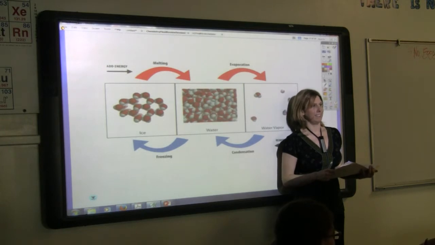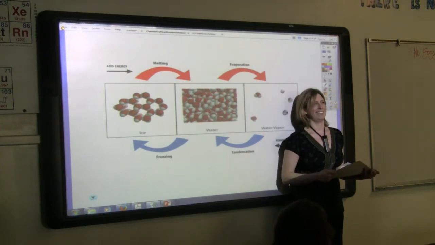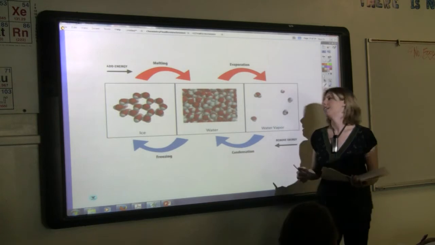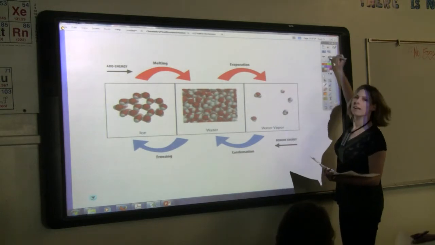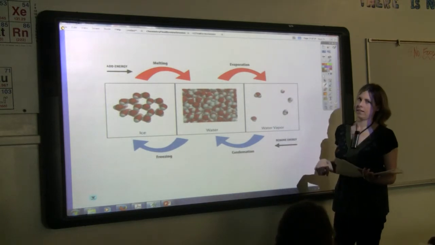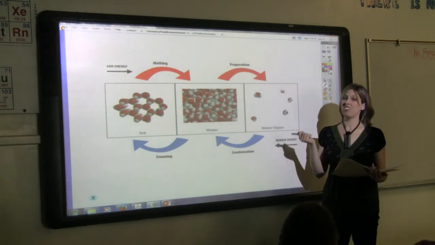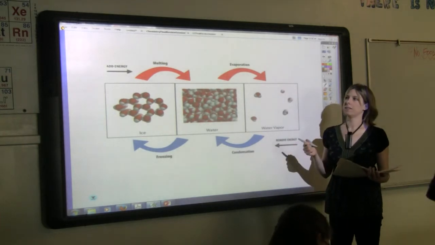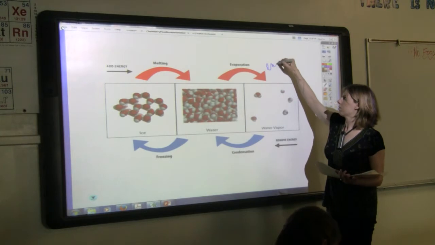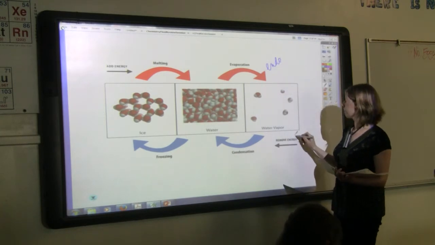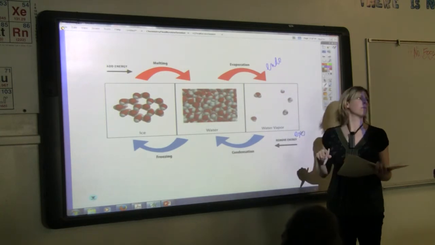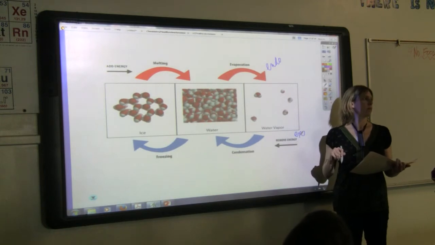Say it proudly. Combustion. It's exothermic, because it gives off energy. If you have to put in energy, it's endothermic. So freezing is exothermic? Mhm.